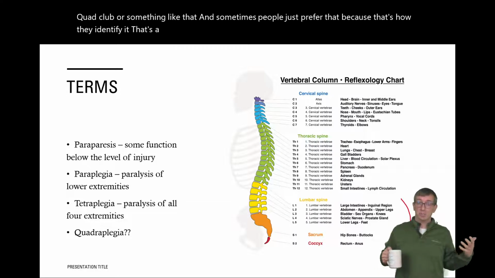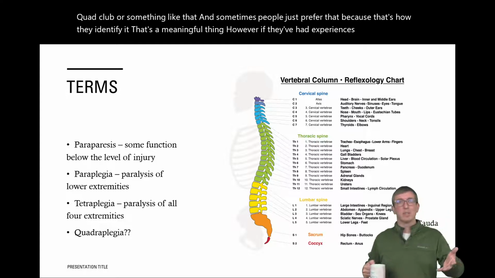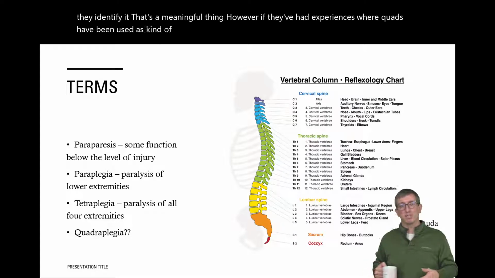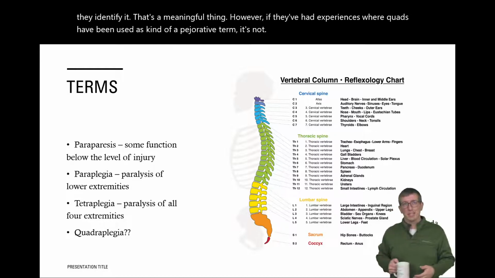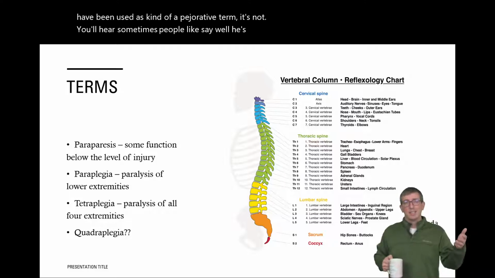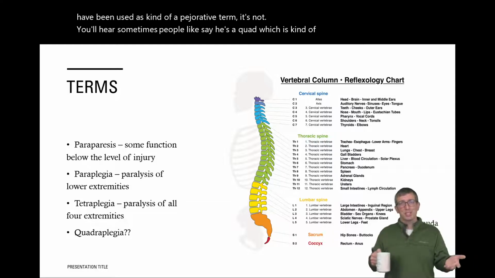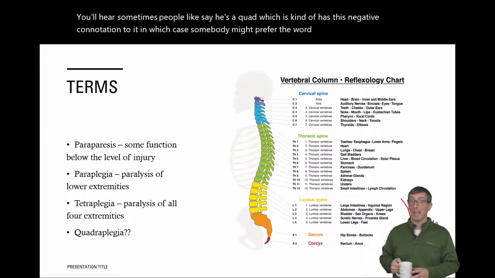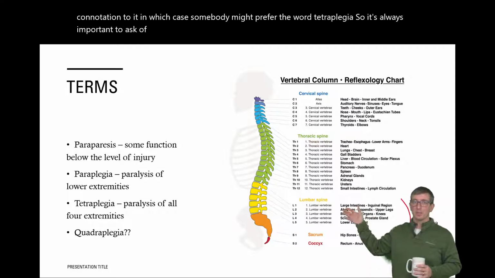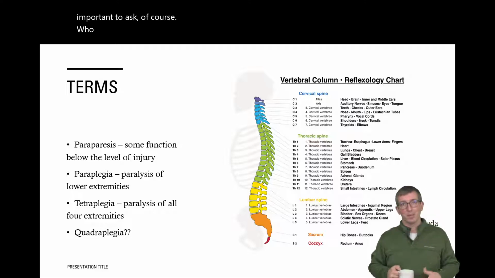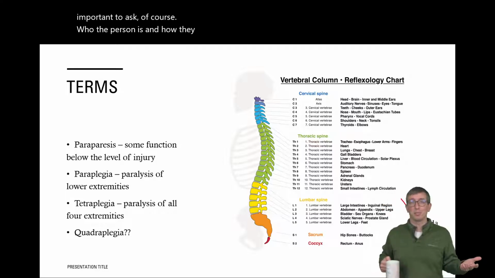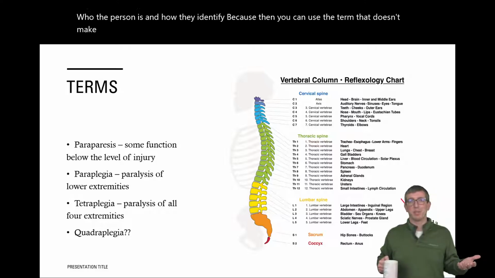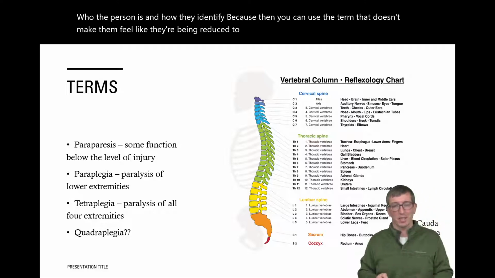However, if they've had experiences where quad has been used as kind of a pejorative term, you'll hear sometimes people say, well, he's a quad, which has this negative connotation to it, in which case somebody might prefer the word tetraplegia. So it's always important to ask, of course, who the person is and how they identify, because then you can use the term that doesn't make them feel like they're being reduced to a condition, something like that.